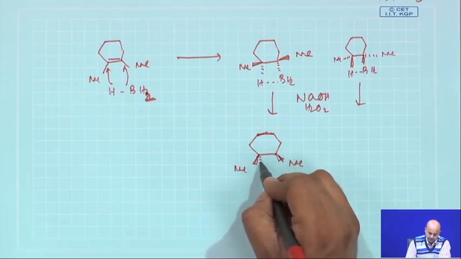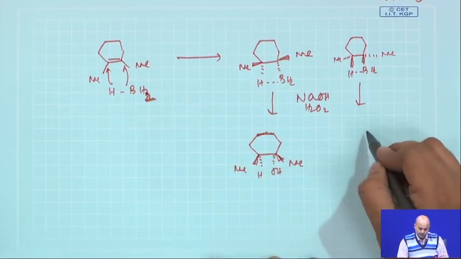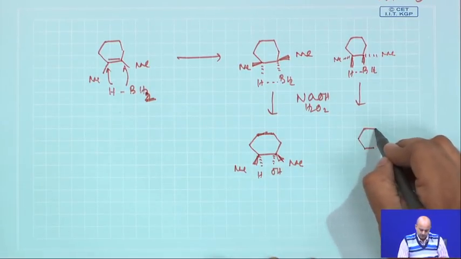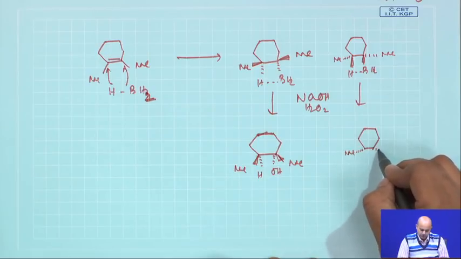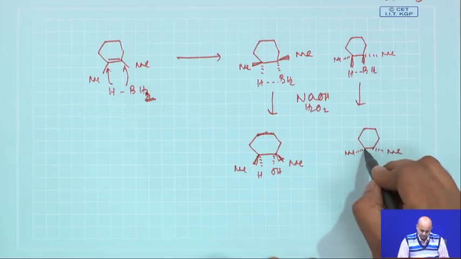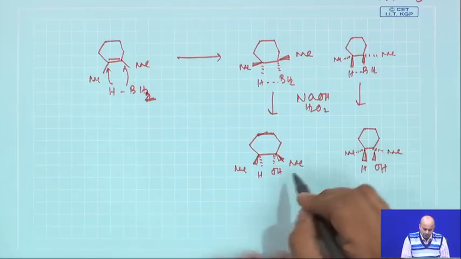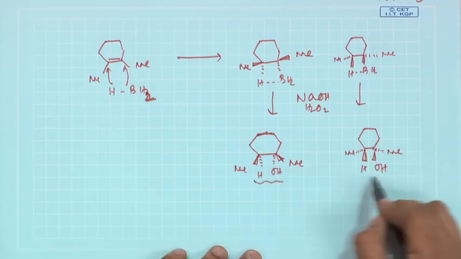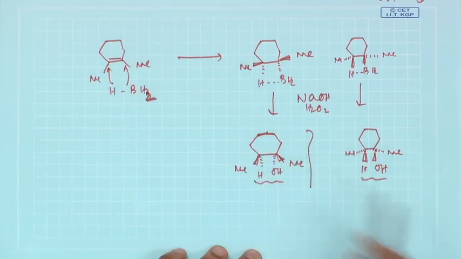So, you can get either this product or this product. These are enantiomers of each other. In the hydroboration, the hydrogen and OH are syn to each other. Any one of these is our target molecule.